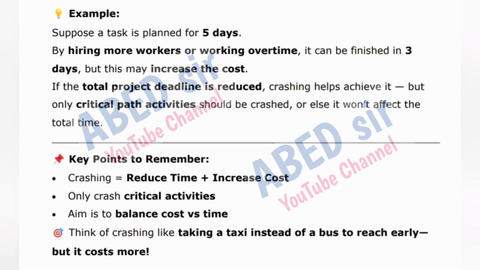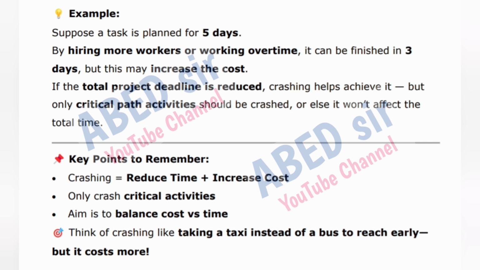Example: suppose a task is planned for 5 days. By hiring more workers or working overtime, it can be finished in 3 days, but this may increase the cost. If the total project deadline is reduced, crashing helps achieve it, but only critical path activities should be crashed, or else it won't affect the total time.